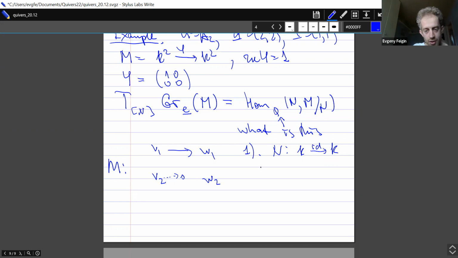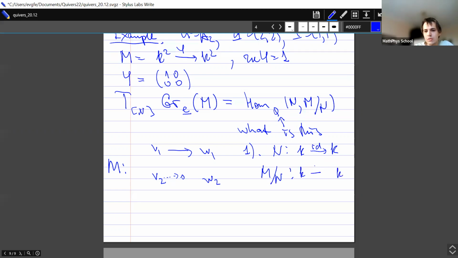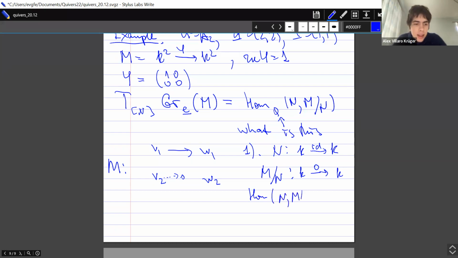Okay. So then what is the Hom? I think that it's K. Isn't it K squared, because we can choose both maps? The first one has to be 0.